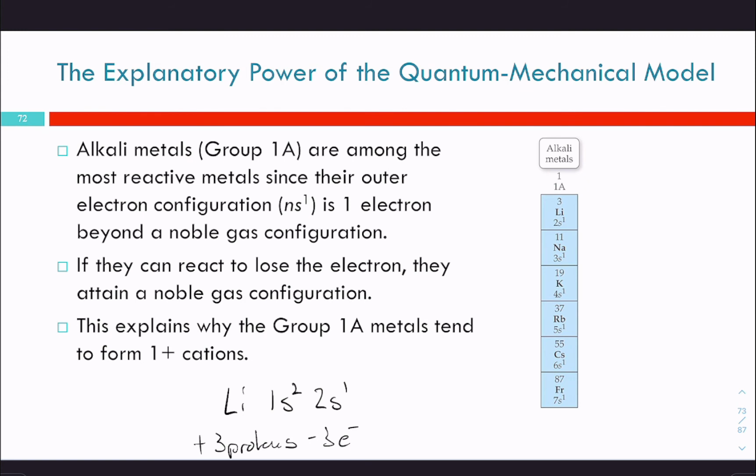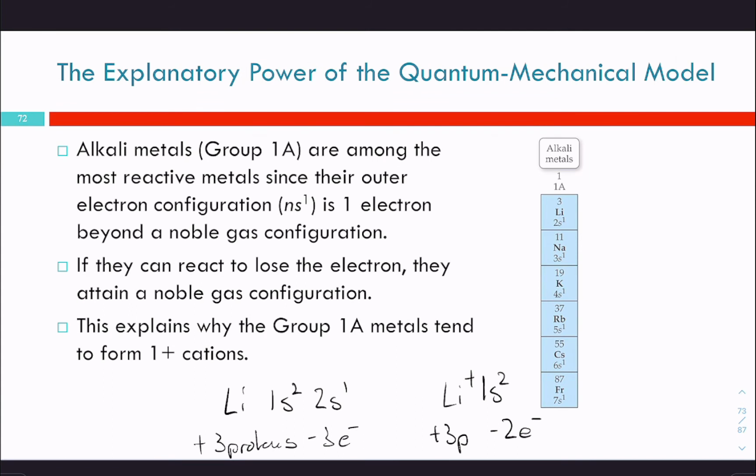If lithium loses one electron to have the same electron configuration as helium, now we've got 3 protons and just 2 electrons. So 3 plus a -2 is +1. They all form +1 charges because they all lose one electron to be like a noble gas.